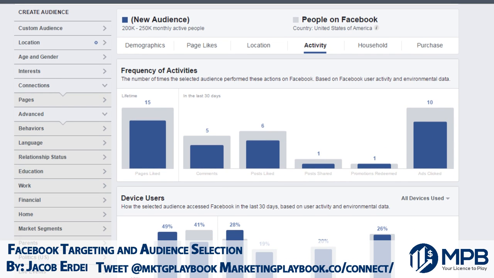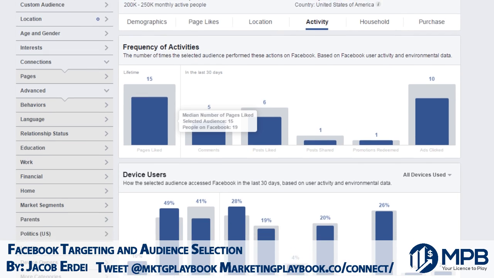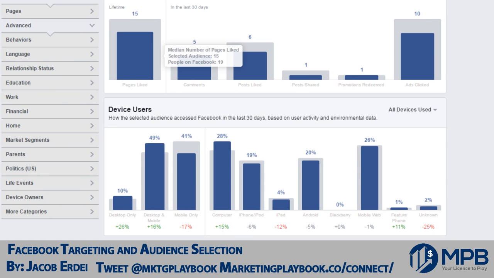This can be really, really interesting here. And this is going to be the device users. So these are the devices that you have. And you can target by devices too here within Facebook, which is nice. But overall, what I tend to look at, let me see if I can move this up just a little bit for you guys so you can see what I'm talking about here for device users. We have desktop, and 10% of these users are desktop only, which means they only use desktop.